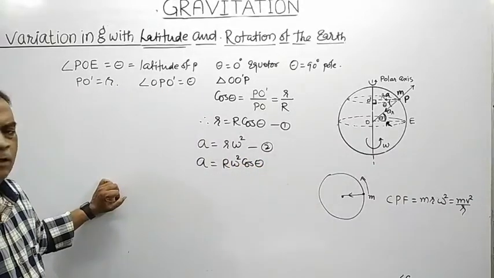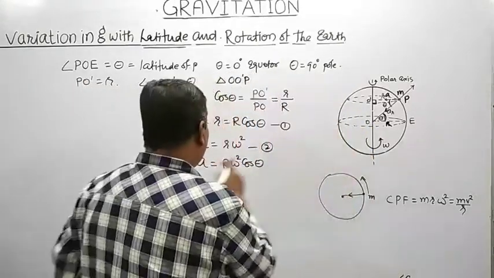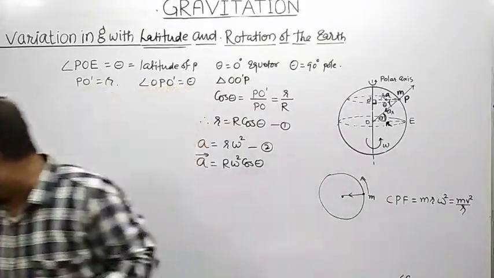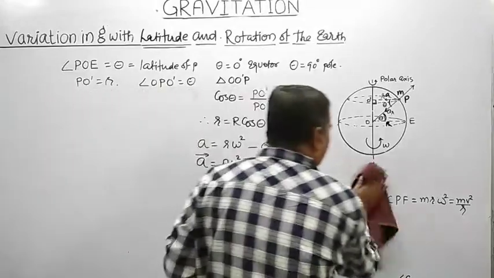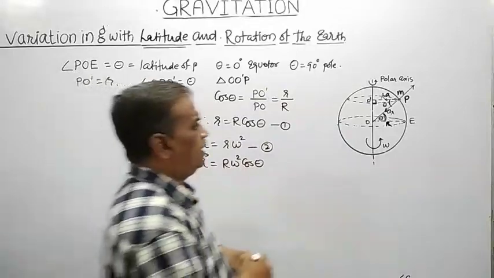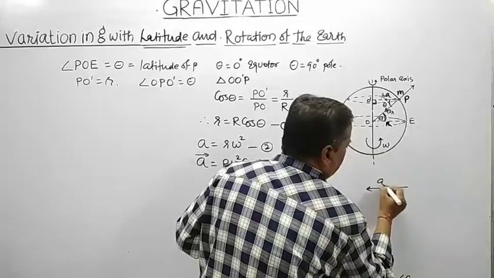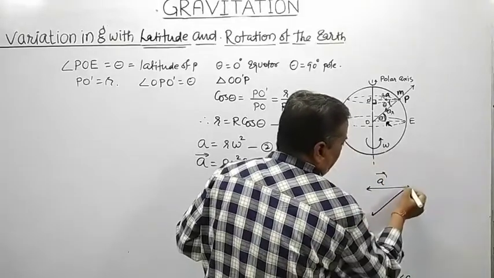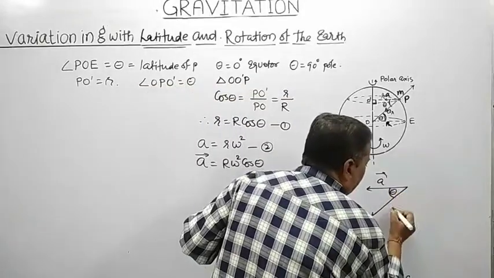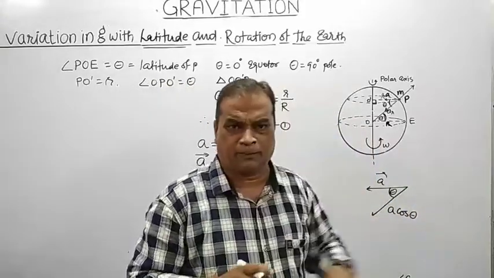R omega square into cos of theta. Now see here, this centripetal acceleration is a vector, and we can resolve that vector into two components. Considering the centripetal acceleration vector A, when this vector A is resolved into two components, the component which makes an angle theta with the given vector is A cos of theta.